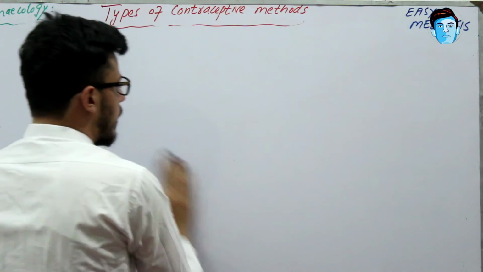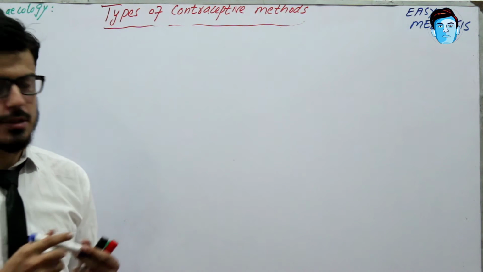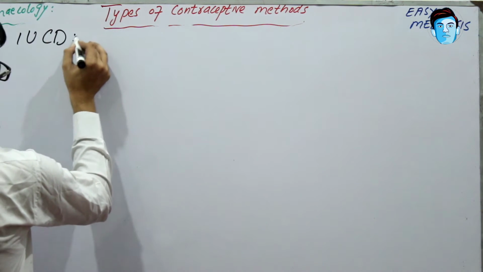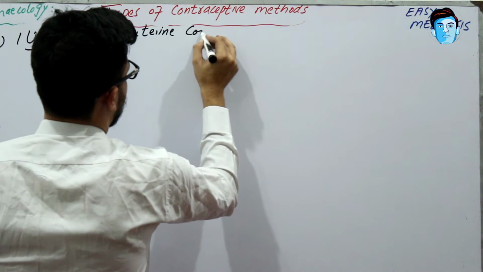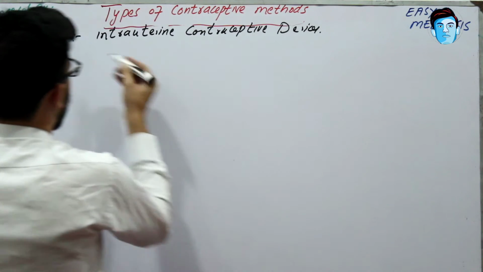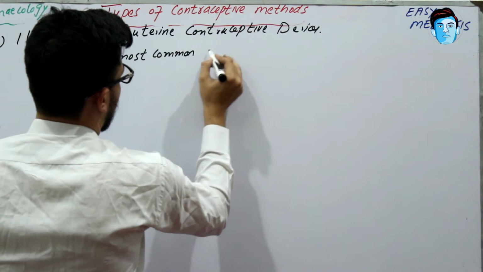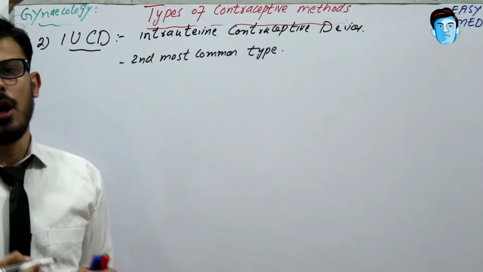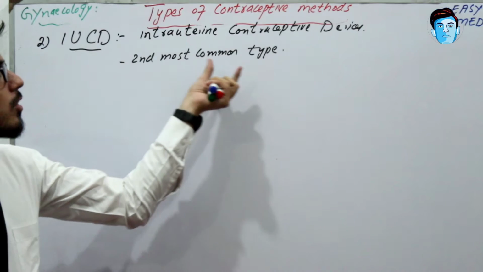Now, as I told you earlier, the intrauterine contraceptive device is the second most common temporary method of contraception.